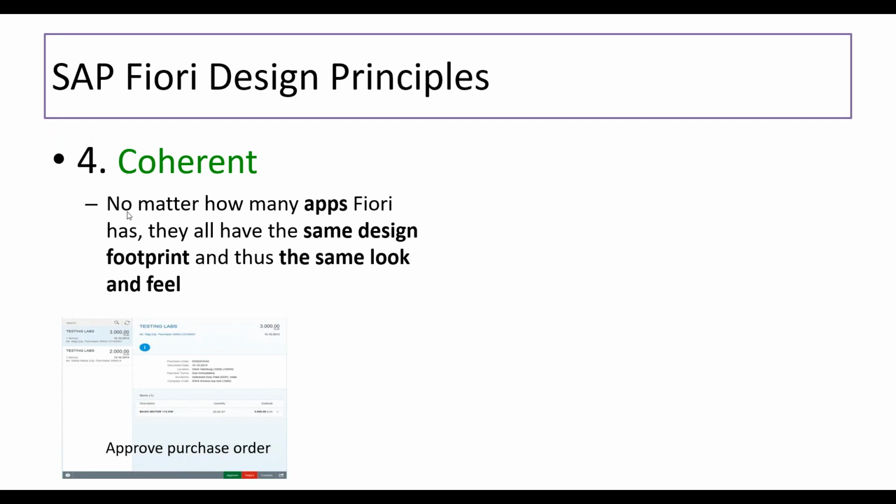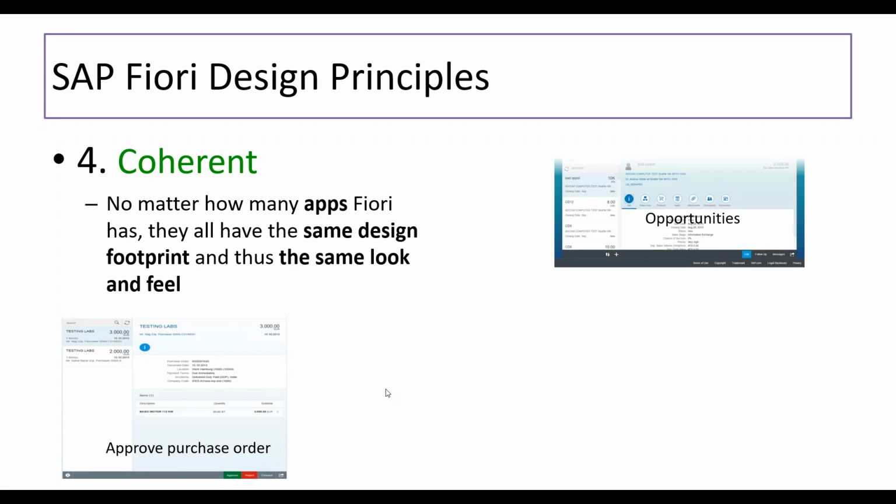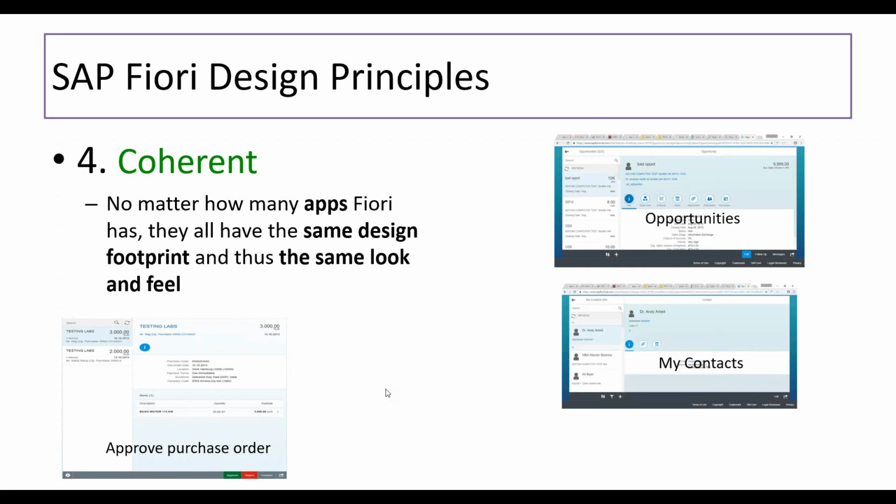Yeah, coherent means no matter how many applications, they should follow the same design footprint. It means the texture should be the same, the background should be the same, the colors, the design and the branding should be the same. If you look at these applications, they look very similar.